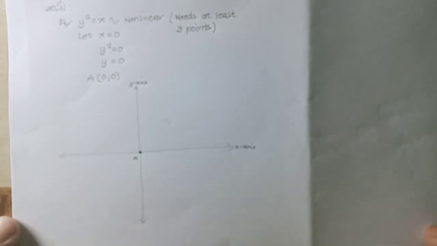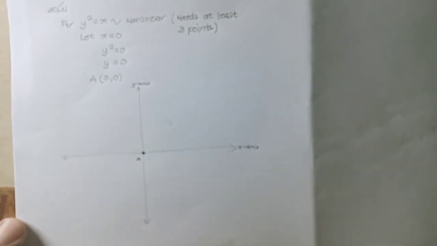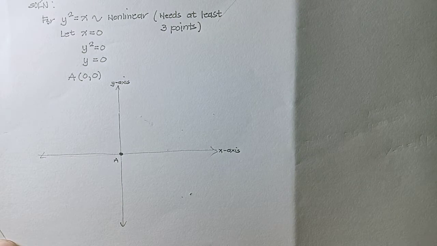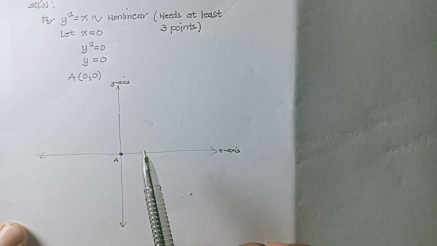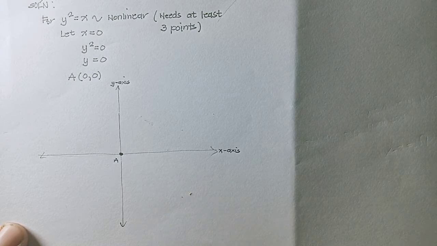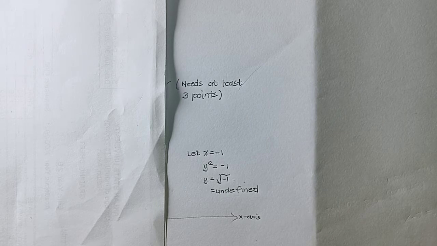So we need 2 more points, and we can do that by assuming other points on this particular region here. Okay, let's try if the graph of the function will pass through x is equal to -1.